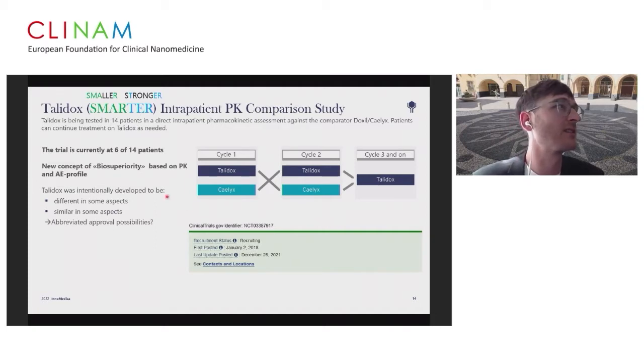So this is at the 6 of 14 patients, where we actually don't want to show that it's bioequivalent, but actually that the physicochemical changes of the nanoparticle generate something that I would call biosuperiority. It's not bioequivalent. It's also not bioinferior. It's, I think, something new.